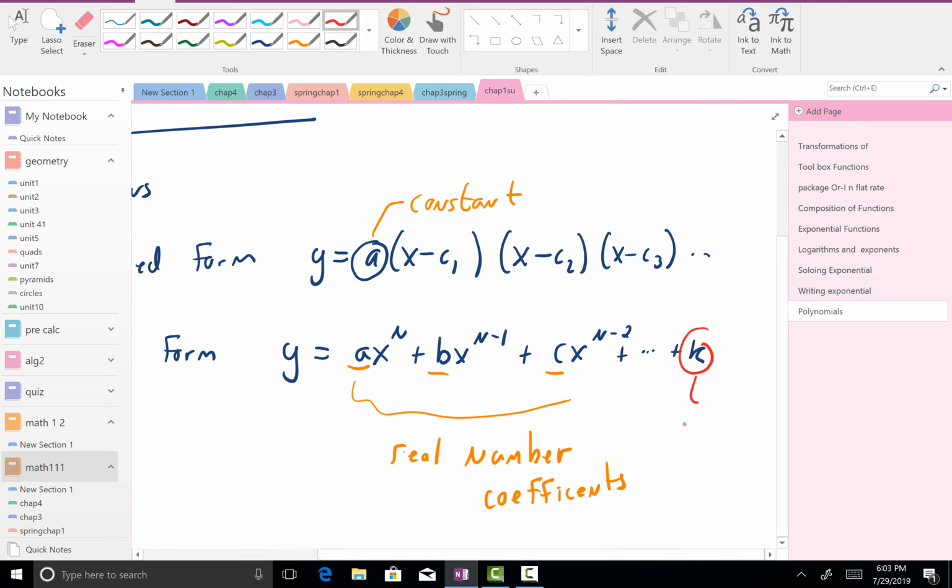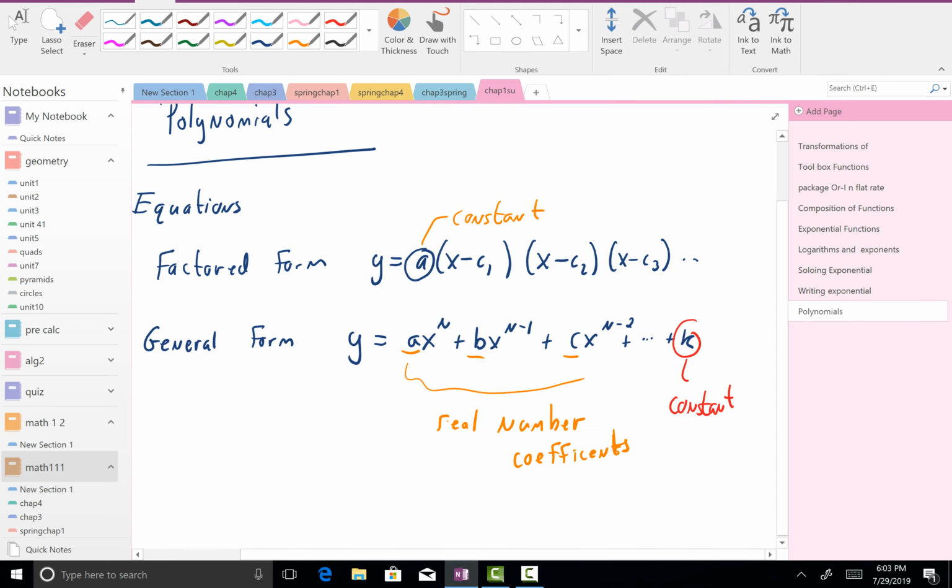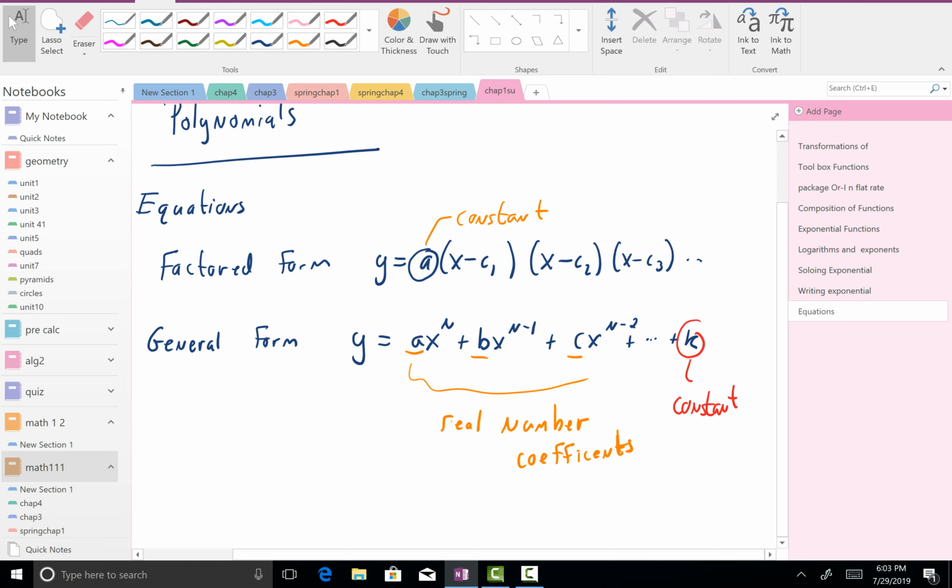And K is just a constant. It's just a number. Again, it's a real number. Okay, so there's your two forms of polynomials. They're either going to be in factored form or they're going to be in some type of general form. All right? And we're going to talk about C1, C2, and C3 and what they represent here in a little bit.